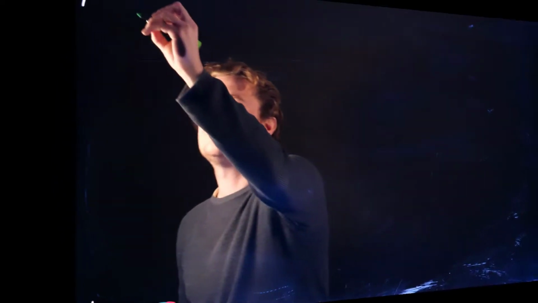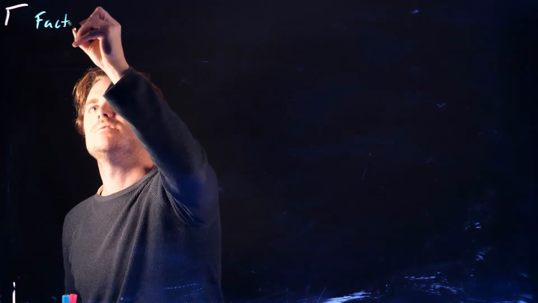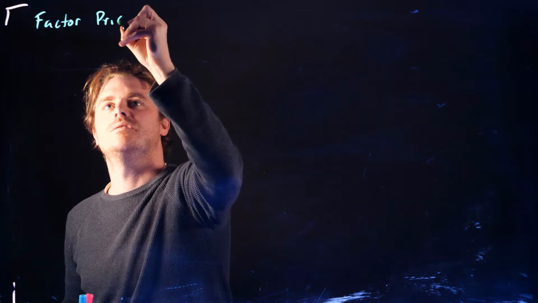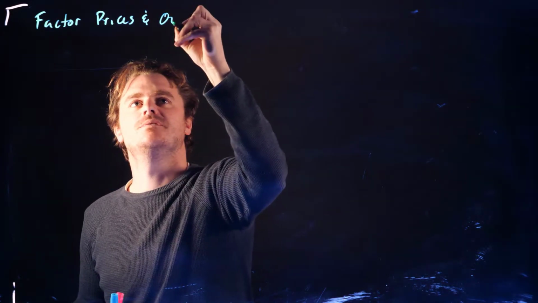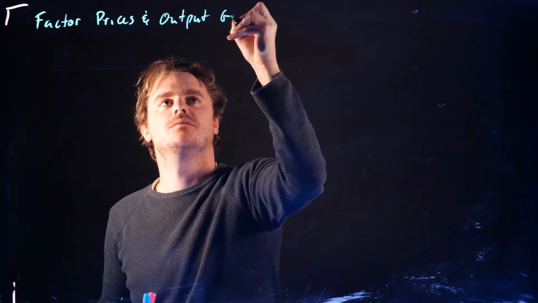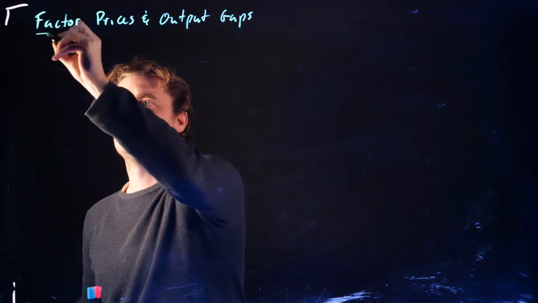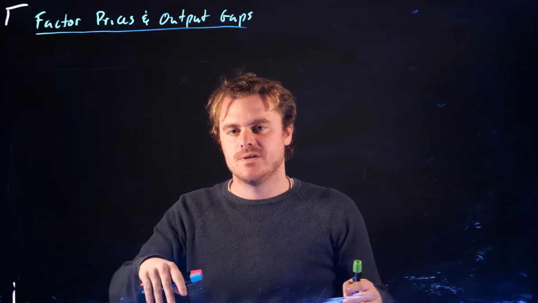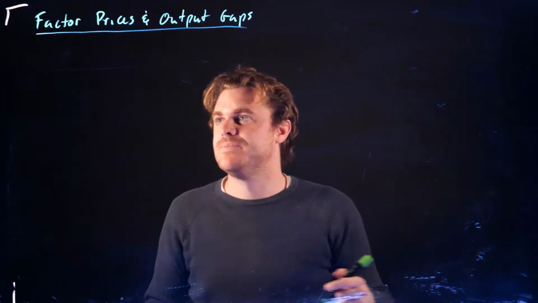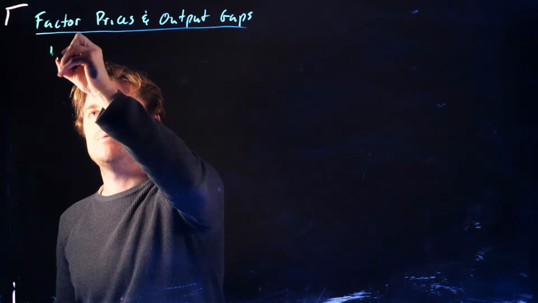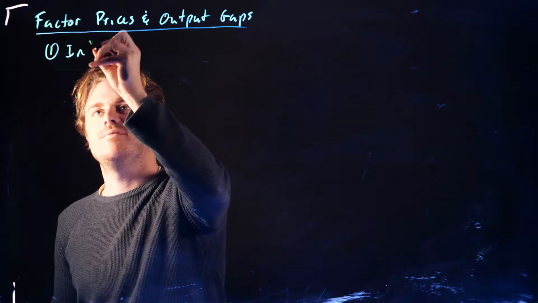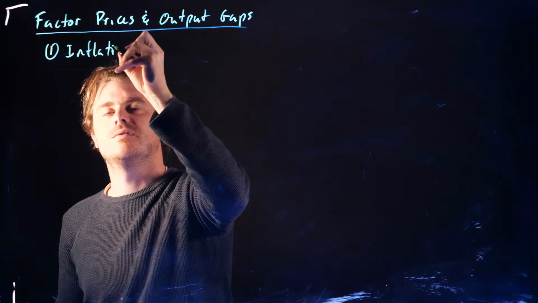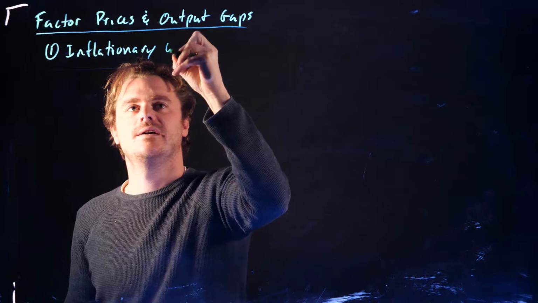All right, so now let's talk about factor prices and output gaps. You've seen we have two different kinds of output gaps, a recessionary and an inflationary. So let's maybe start off with an inflationary output gap.